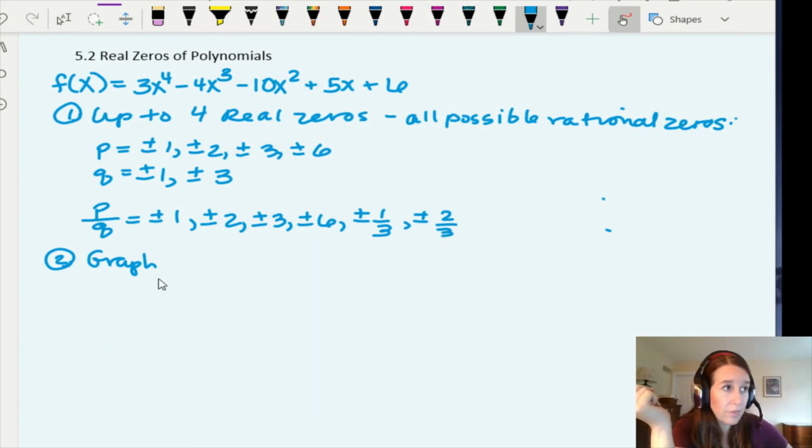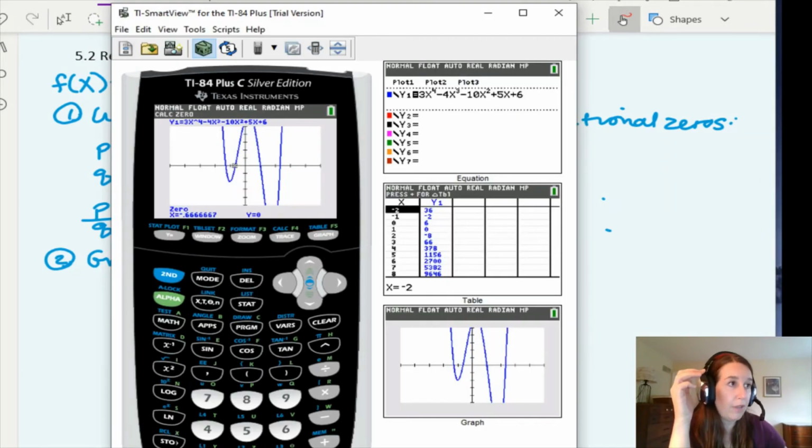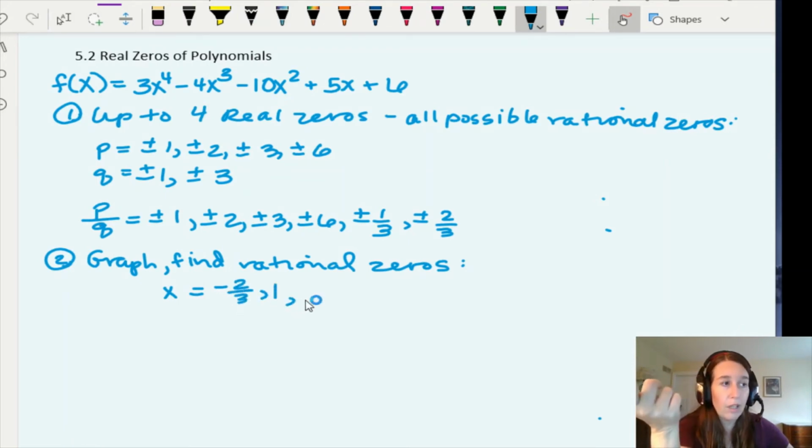So graph and find rational zeros. So far, this is what we have found. We have found x is equal to, what did we have? -2/3, and we also have 1, which we already saw.